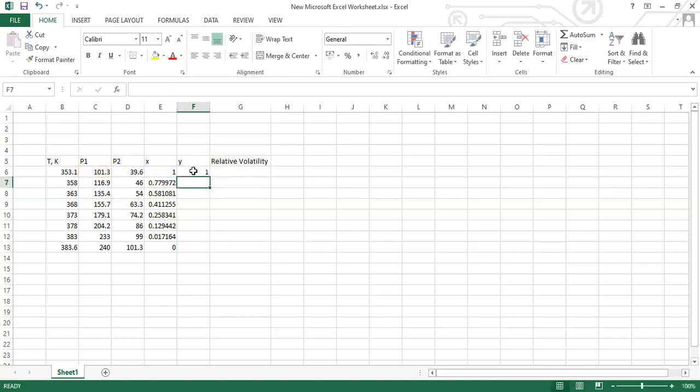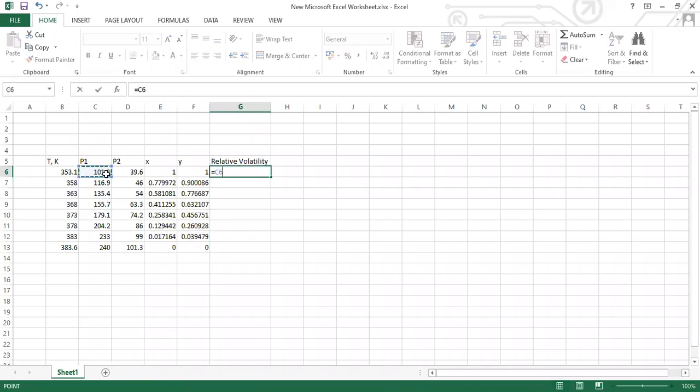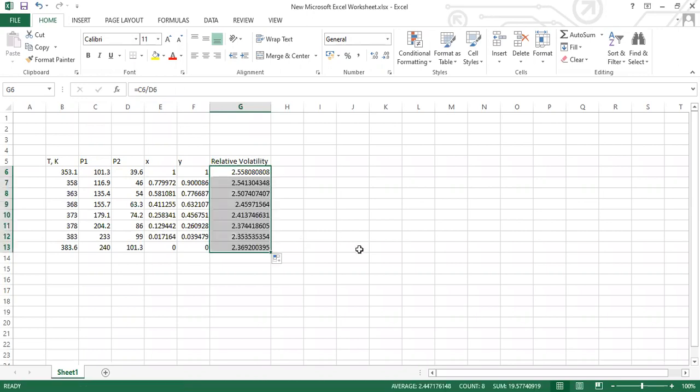Here we also get different values of y. Relative volatility is equal to P1 saturation divided by P2 saturation. So we get 2.55. These are the different volatilities.